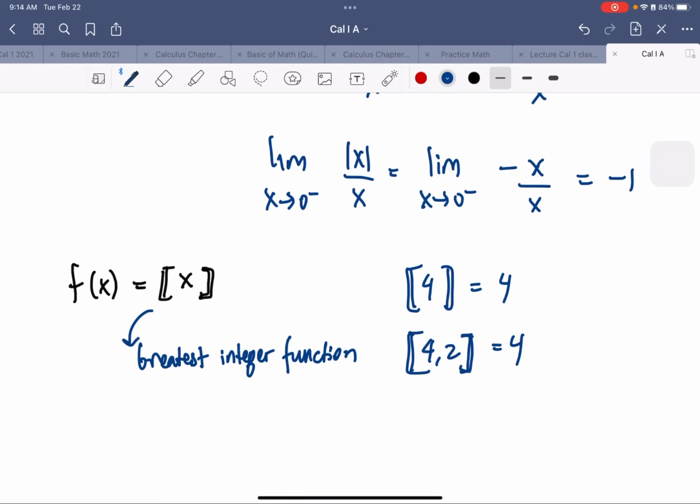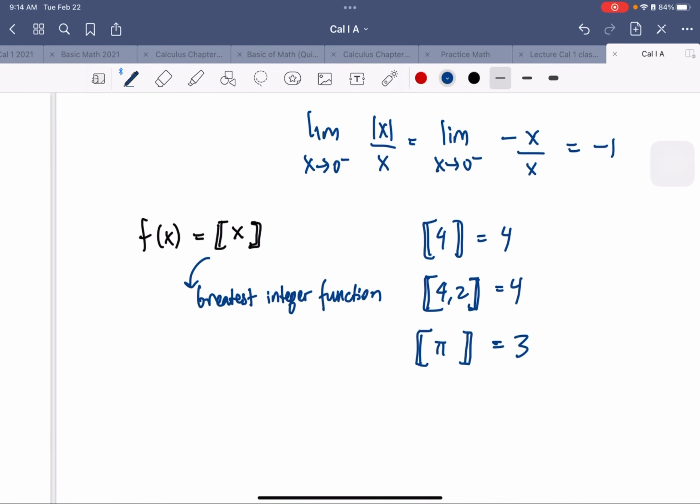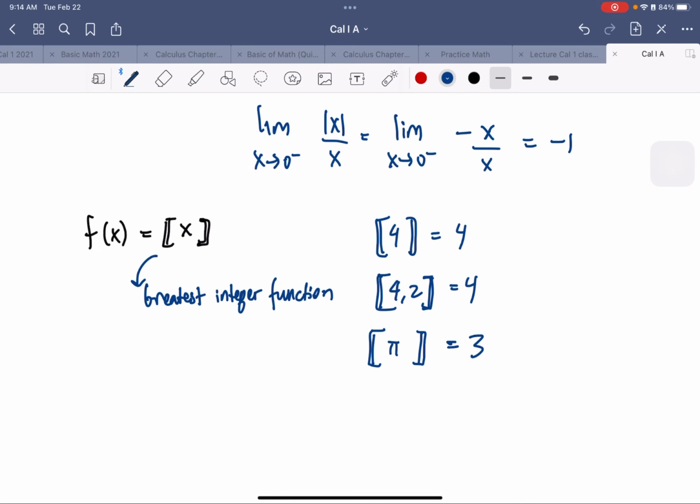If we input maybe pi, it's 3 point something, but the integer value is just 3, right? If we input negative 1/2, this is -1.